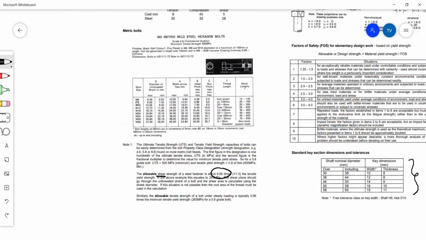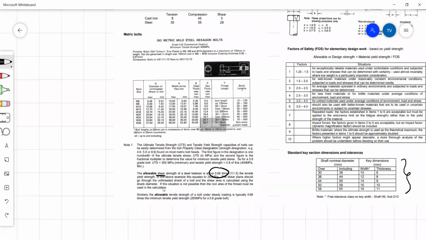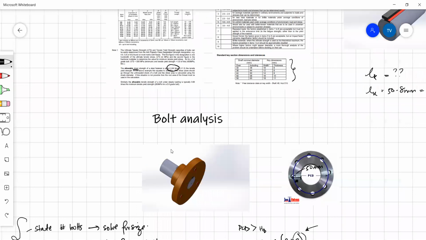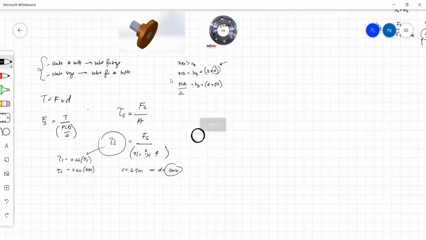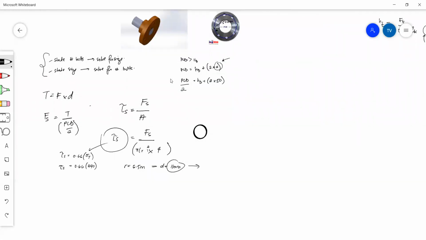Now there's no M11, so the next logical choice will be M12. We can't go down, because if we go down, we'll be using a smaller diameter. Smaller diameter will mean the part will fail. So it has to be M12 or greater. So the size that we are going to go with is M12.